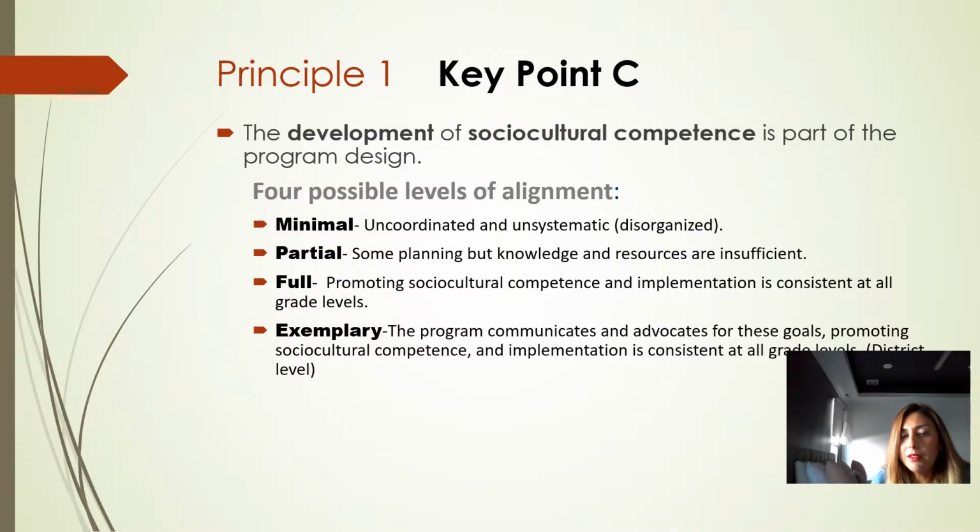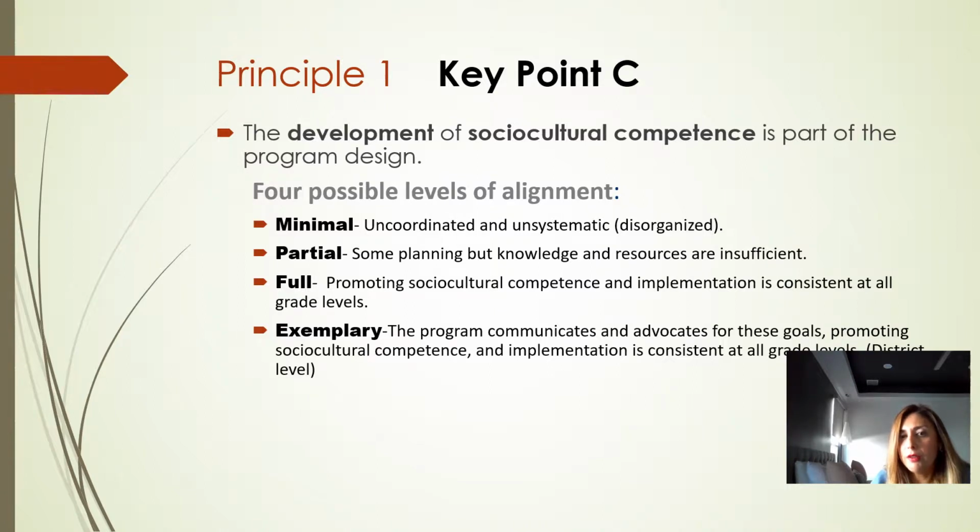Principle 1, Key Point C refers to the development of sociocultural competence, and it's part of the program design. There are four levels of alignment again, and the first one would be minimal, an uncoordinated, unsystematic, disorganized program. It's partial if there is some planning but knowledge and resources are insufficient.